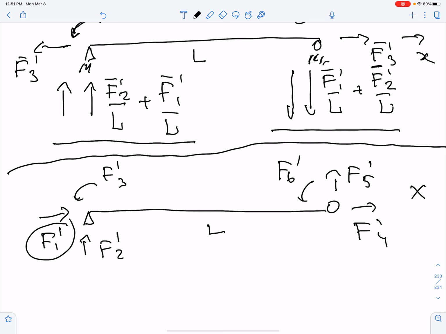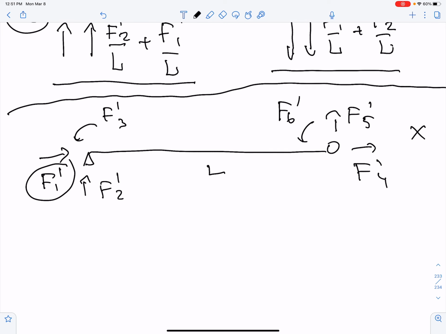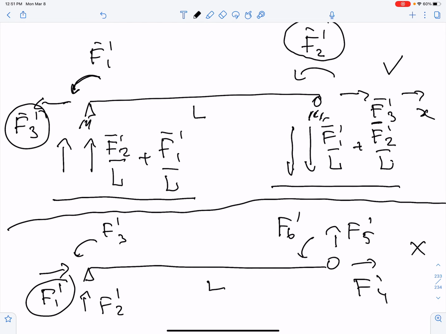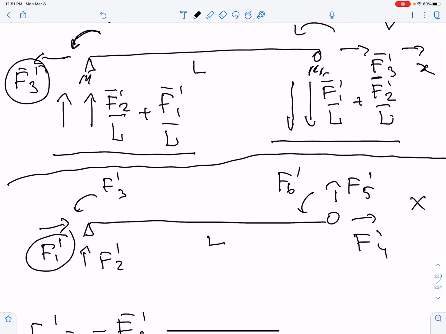F'1 is the same as minus F̄'3. I can record this directly. And there shouldn't be an overbar here, so we just rewrite the letter, F'1. Next, F'2. Well, F'2 is the same as this sum here.